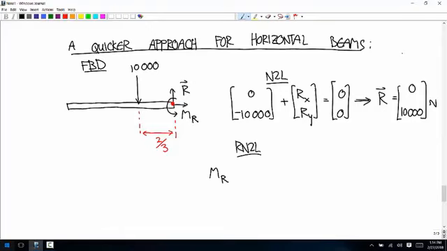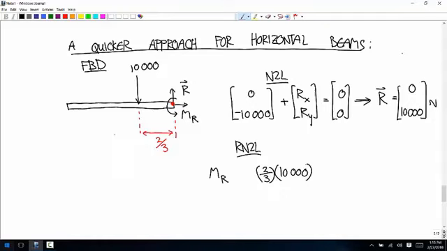And then for the 10,000 newton force, you just have to think, what's the moment arm for that 10,000 newton force for this about point? We know the distance is 2/3, so that's what it is. So moment arm of 2/3 times a force, in this case 10,000. And now instead of thinking about the signs of the r vector, just think about which way this force would make this body rotate around the about point.